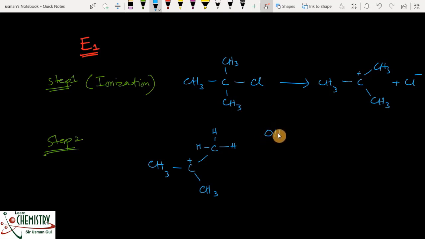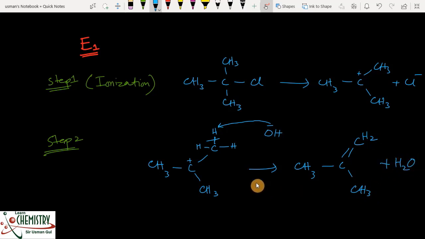The base will come and attack the hydrogen instead of the carbon. When it attacks the hydrogen, the bond between the hydrogen and the carbon will break and the next bond will develop here. We will get this product, a carbon double bond will form, CH2 and CH3, along with water. This is the simple mechanism of the E1 reaction.